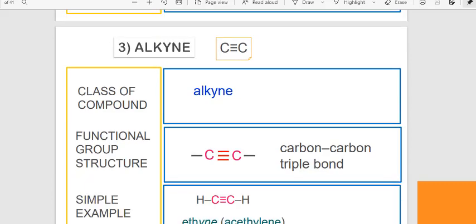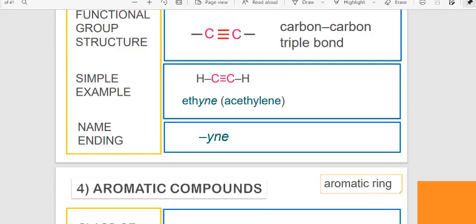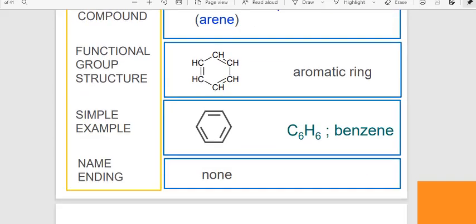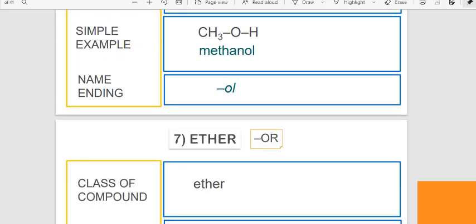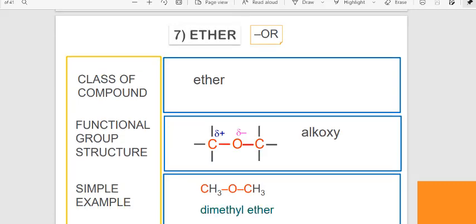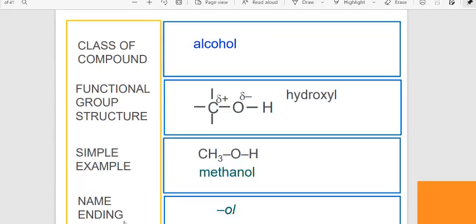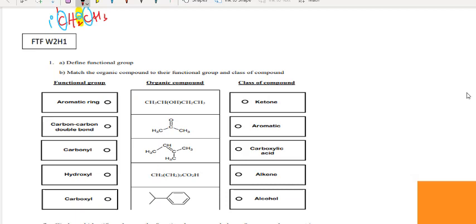So what you have to do is go through the notes given. Supposedly by right, you have to make it easier. So how to make it easier? To make it easier, you will have to do it by your own.